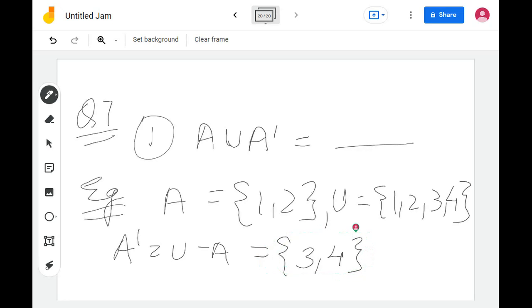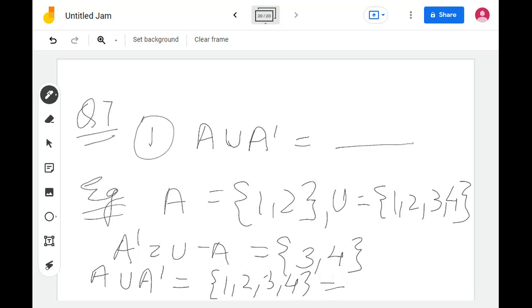Now what will we do, we will take their union. A union with A complement, what we get is 1, 2, 3, 4. What is 1, 2, 3, 4? It is our union.